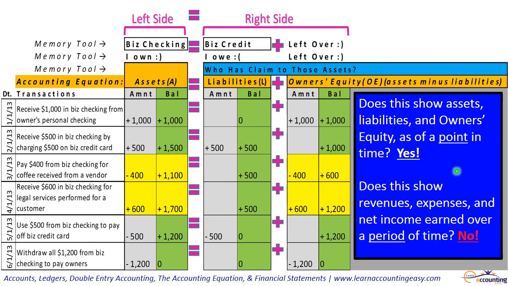So we've added this blue box here on the right side to just ask some questions as we think through what this accounting equation framework is showing us as we record all these transactions.